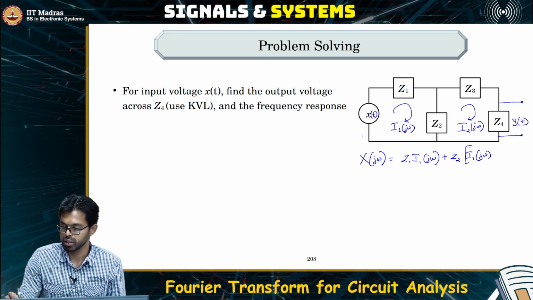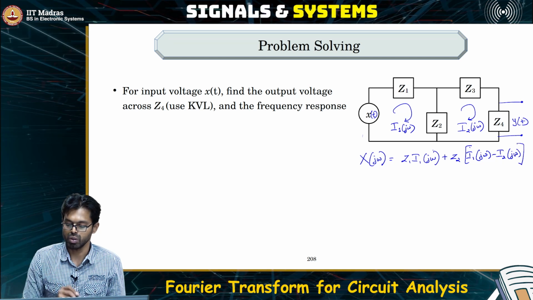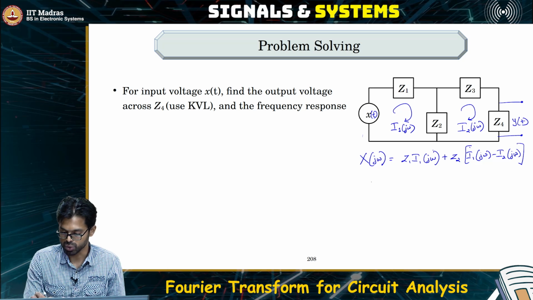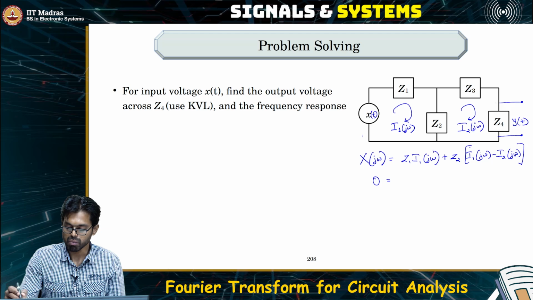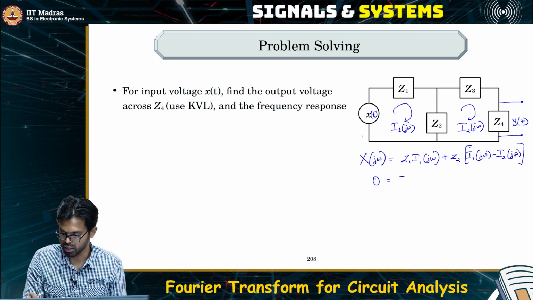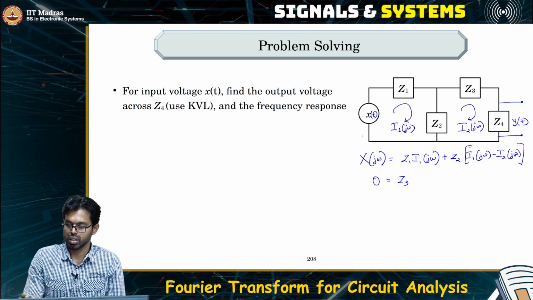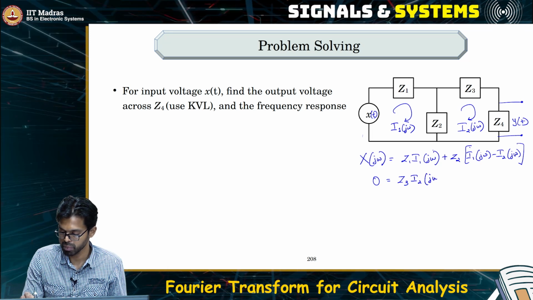So, the same expression we get. And we will do the KVL for the second loop. In the second loop, there is no source, so 0 equals. What is the current in Z3? The current in Z3 is I2, so it is I2 of j omega.